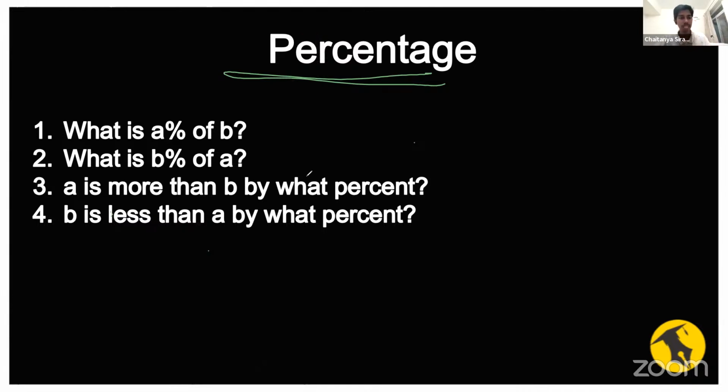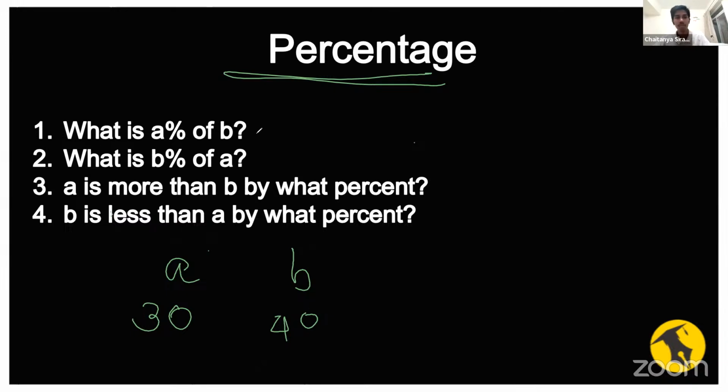So the topic percentage, let's start with a very basic example. Let's say I have two values, A and B. Let's say my A is 30 and B is 40. How does percentage actually work?